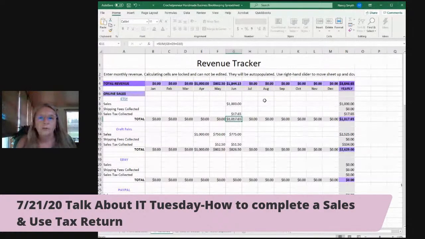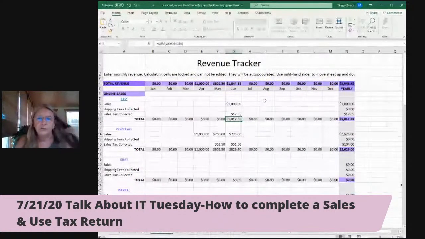So my revenue for sales tax purposes is simply the amount of money that I generated by selling my finished items, which was $3,525, not $3,646.65. So you've got to be really careful.